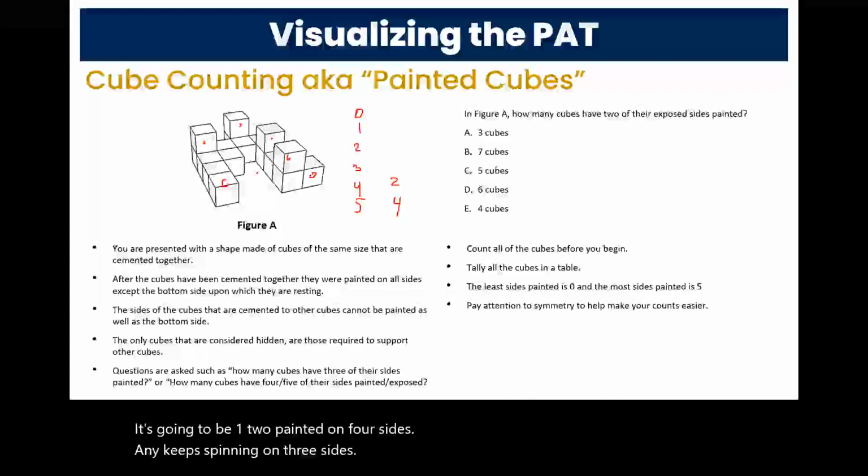Now we've got a few different options. I've got 1, 2, 3, that one back there, 4, that one on the corner, 5, this one right here.